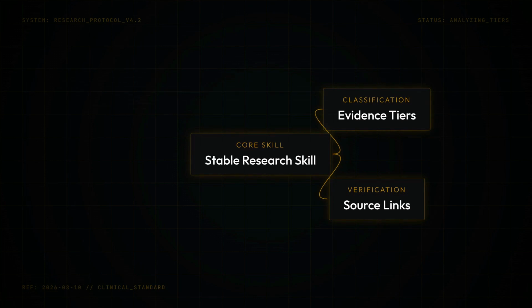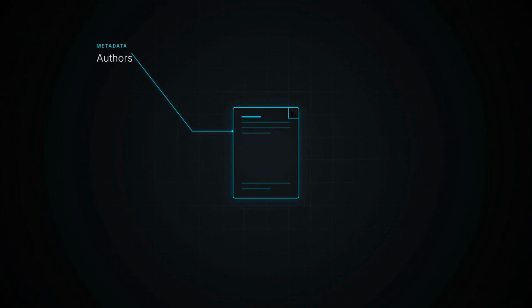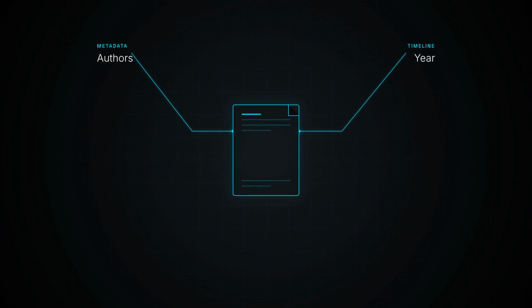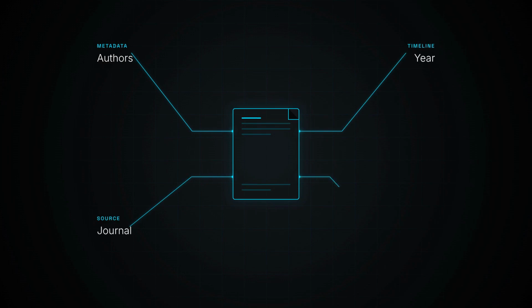The agent starts with a stable research skill. It defines evidence tiers, requires a source link for every material factual claim, and requires an explicit not established section when evidence is indirect. The tool loop searches primary publications, guidelines, regulatory sources, and payer documents as appropriate.